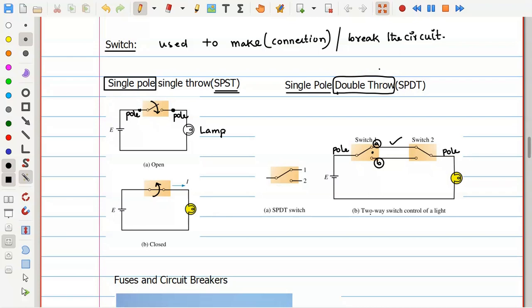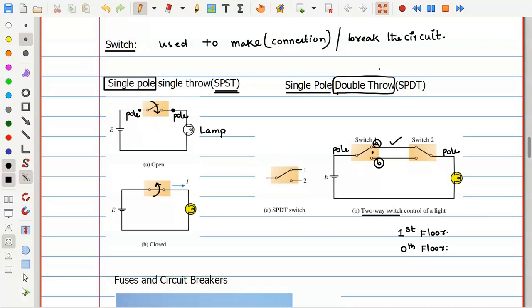This is the two-way switch control which we usually find in a staircase. Let us say you are on the first floor, but you want to control the switch from the zeroth floor.